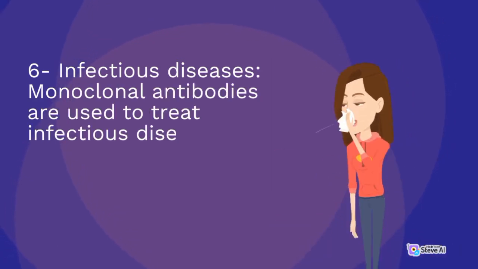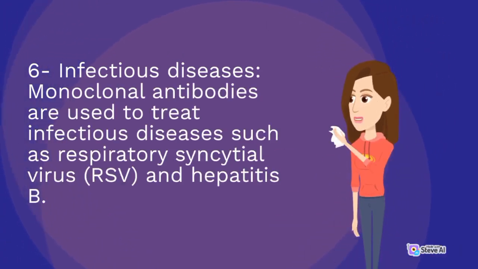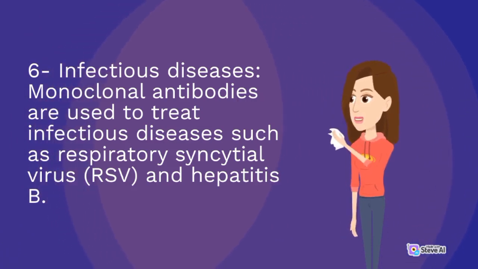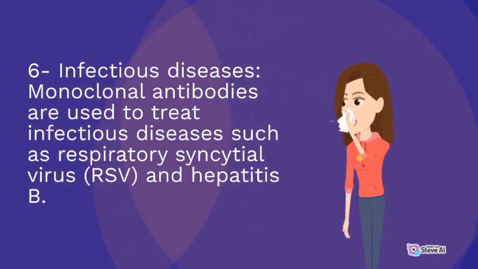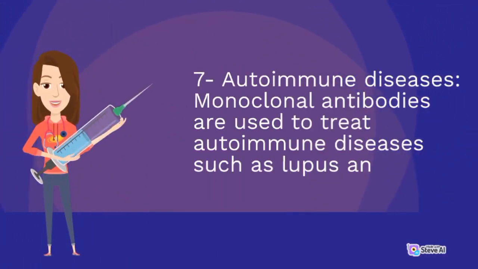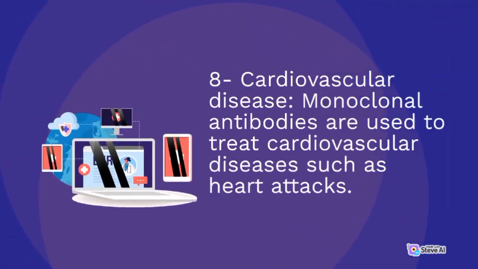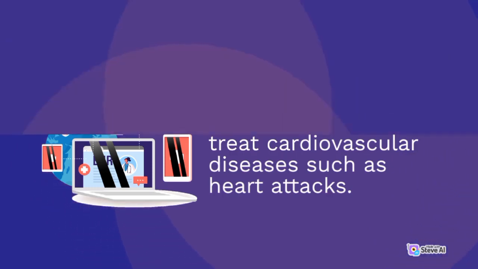6. Infectious diseases. Monoclonal antibodies are used to treat infectious diseases such as respiratory syncytial virus, RSV, and hepatitis B. 7. Autoimmune diseases. Monoclonal antibodies are used to treat autoimmune diseases such as lupus and multiple sclerosis. 8. Cardiovascular disease. Monoclonal antibodies are used to treat cardiovascular diseases such as heart attacks. 9.